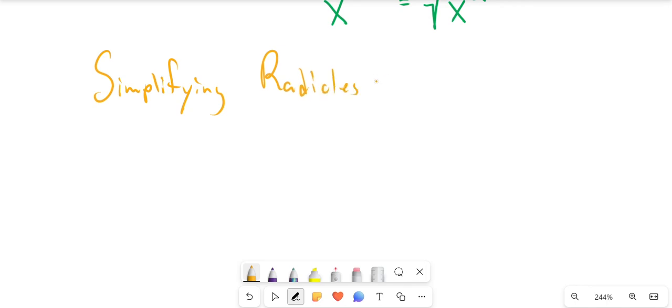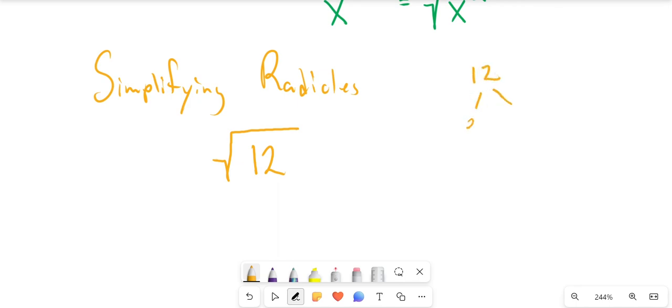Now, to simplify a radical, we need to look at a good example, right? Let's consider the square root of 12. This is an easy example. So one thing about 12s is that they break down.